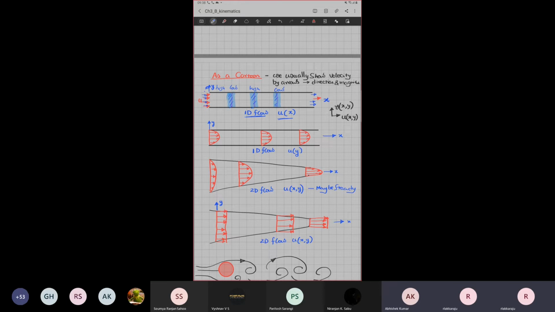We usually say that this is one-dimensional, this is two-dimensional, and so on. Maybe you are looking at a very big river, maybe Ganga. If you are looking very near Varanasi on the Ghat, it looks like the flow comes from one location and goes to another location, so it must be two-dimensional, it must be three-dimensional, and so on. But if I am looking from space, there might be a very narrow stream of liquid.